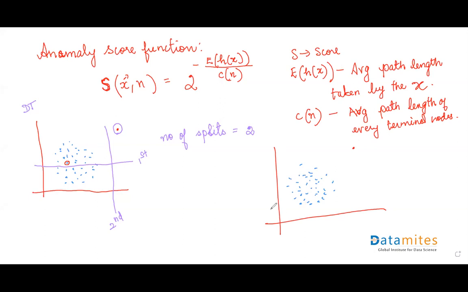Let's say for this particular data point, how can the split happen? It can happen this way.